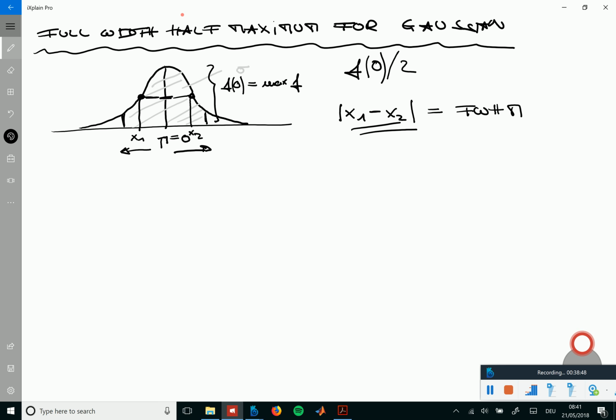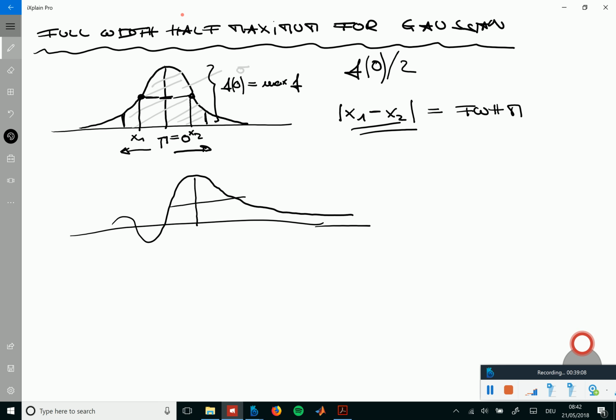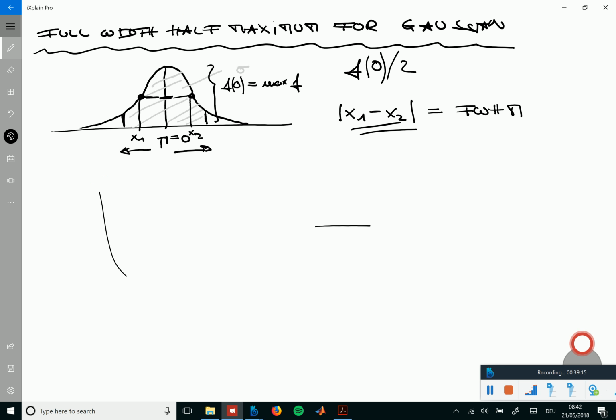Because what is the full width half maximum of something like this? You have an asymmetric thing then, and I don't know. So for me, this full width half maximum makes a lot of sense for the Gaussian, but I'm not sure whether it makes so much sense for everything else.